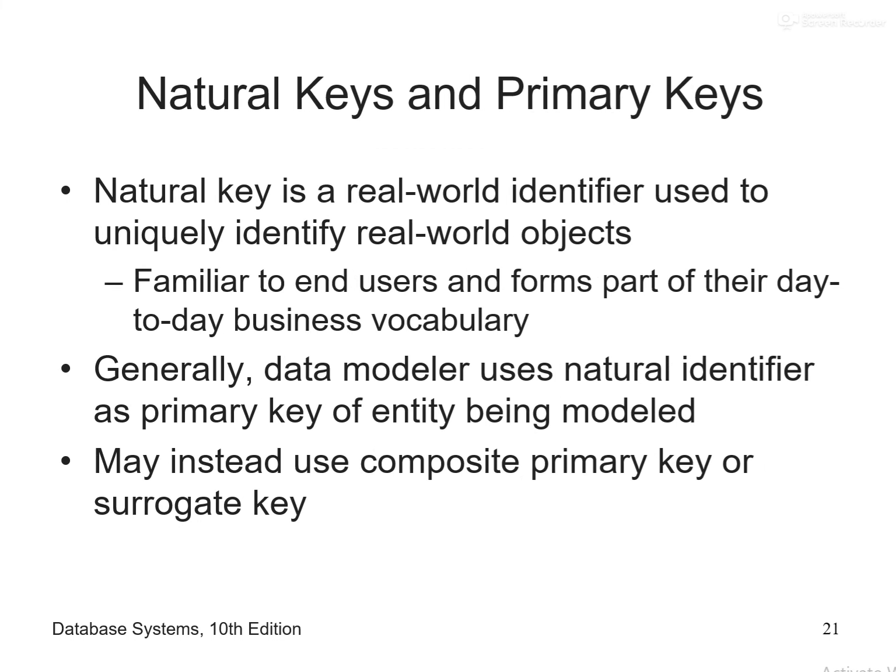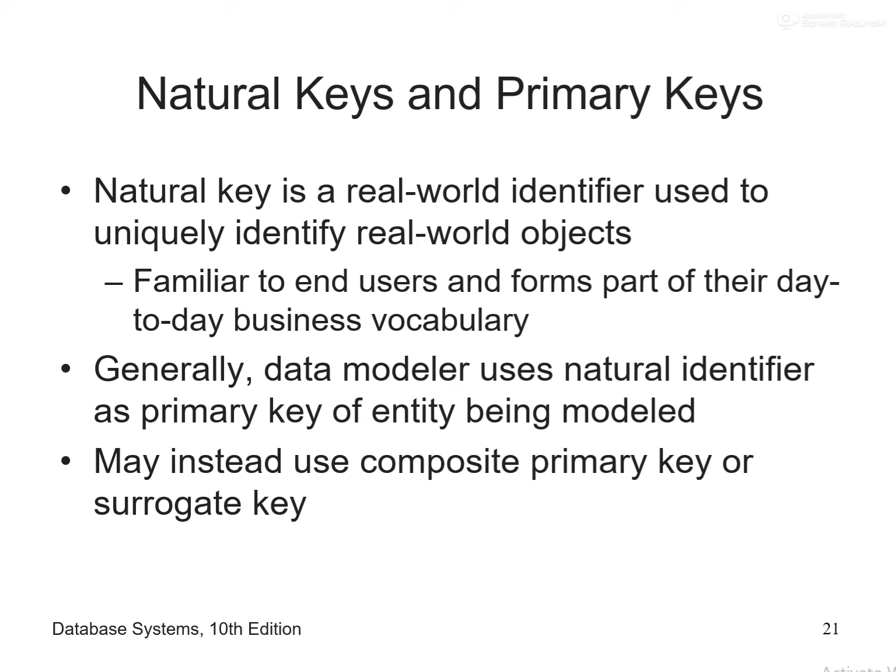Okay, when we talk about the concept of a unique identifier, it is something we commonly encounter in the real world. For example, you use a class or section number to register for classes, or an invoice number to identify a specific invoice, or an account number to identify a specific account.